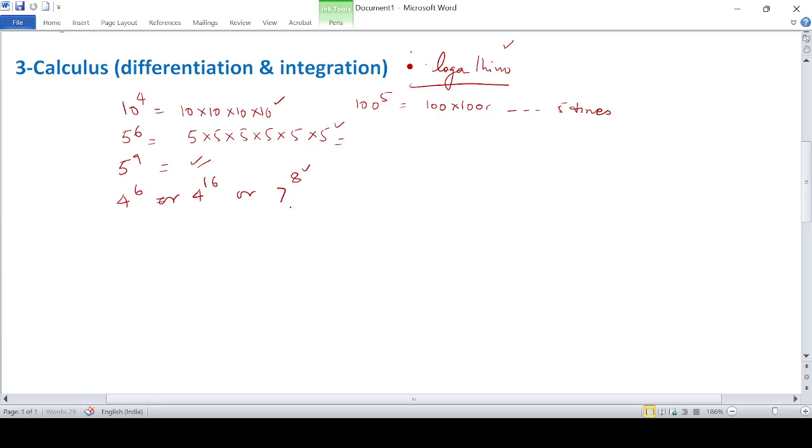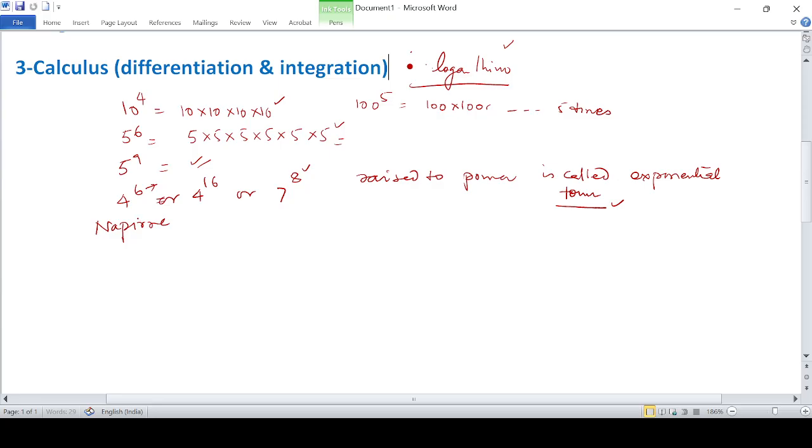So, this is called exponential form, when we say raised to the power. From here, logarithm was introduced by a scientist, Napier.